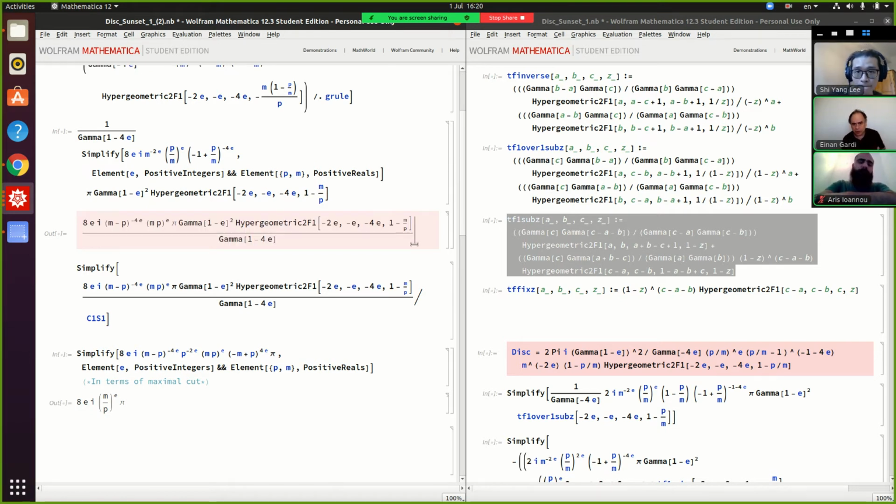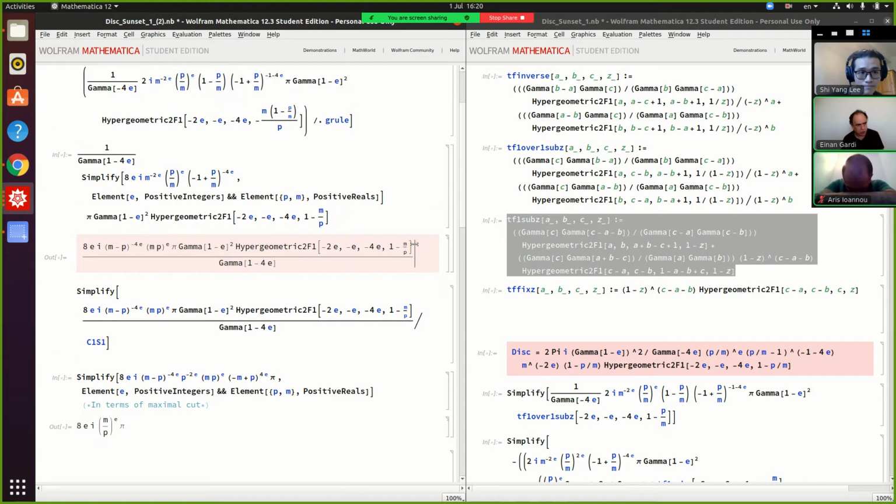So remind me, last week we just deduced what the discontinuity of this hypergeometric function was. What have we done?